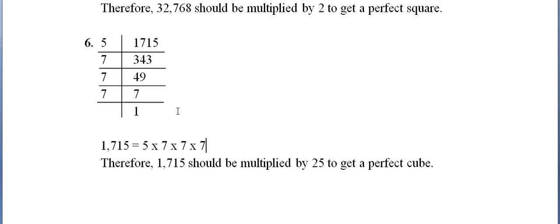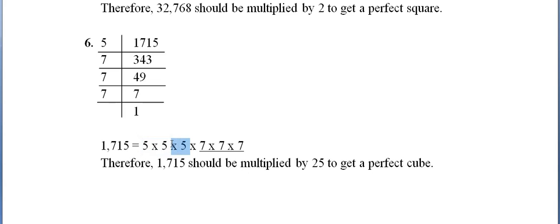Now after finding the prime factorization of 1715, we can see this is the number. For perfect cubes we must have a triple of the same factor, we know that. But this 5 has no partners. If it is multiplied with 2 extra 5s, then it can form a complete group.